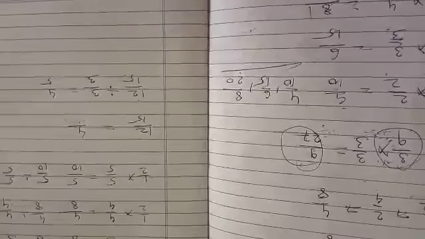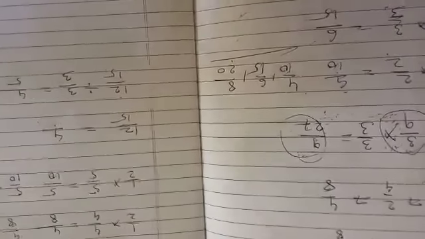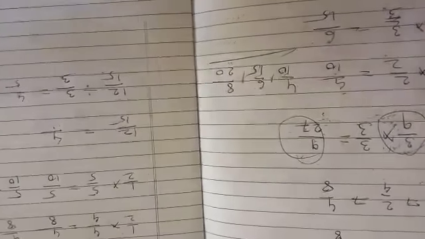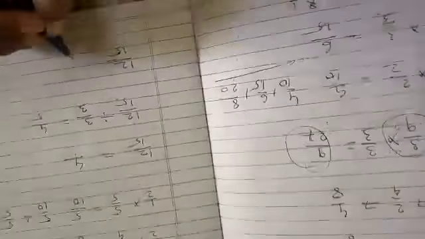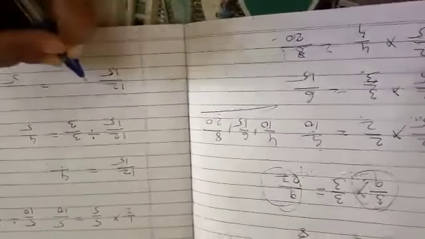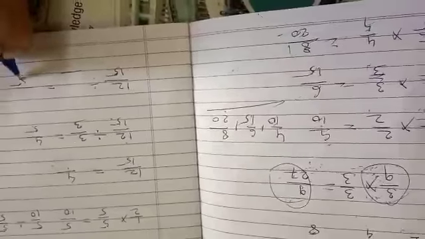In the next exercise, you might be given the condition: obtain an equivalent fraction with numerator 4, or with numerator 5, or whose denominator is 5. Let's see one more example. If your given fraction is 12 by 15, and you are asked to obtain an equivalent fraction with denominator 5, it means 15 is divided by some number to obtain 5 as the quotient.